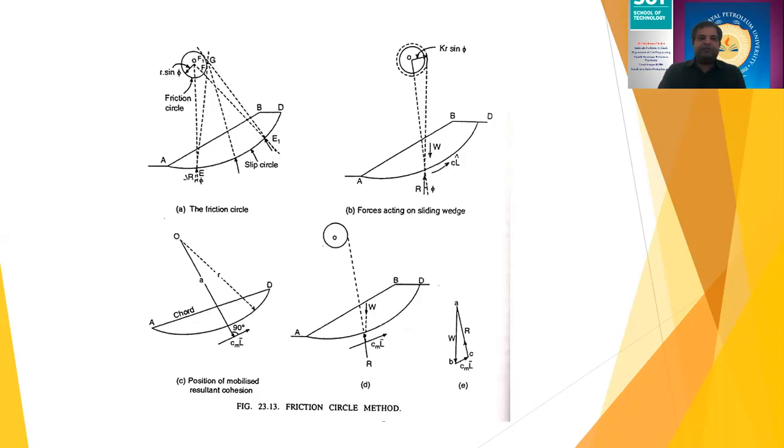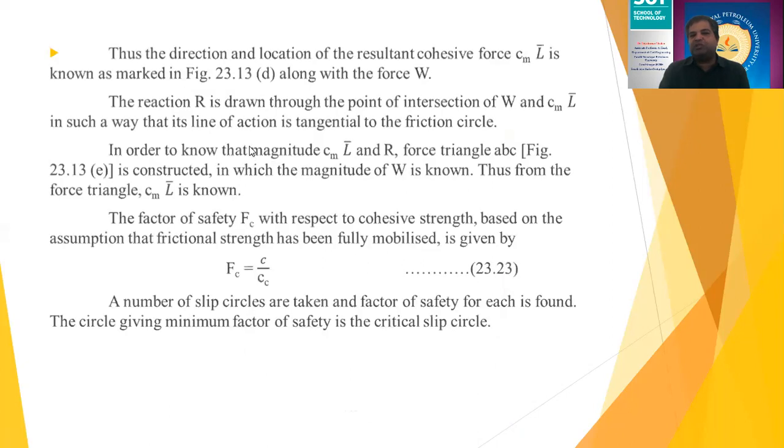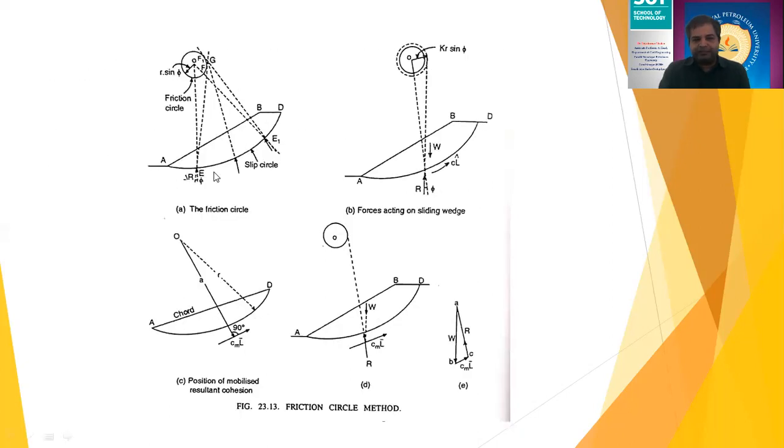Let's see what are the different forces which are going to act. First is the weight of this particular sliding mass, which acts downward. Second, there is a reaction force which acts from somewhere here, against this particular force on the upper side. And the third force is the cohesion of the soil, which is a resisting force along this friction circle.